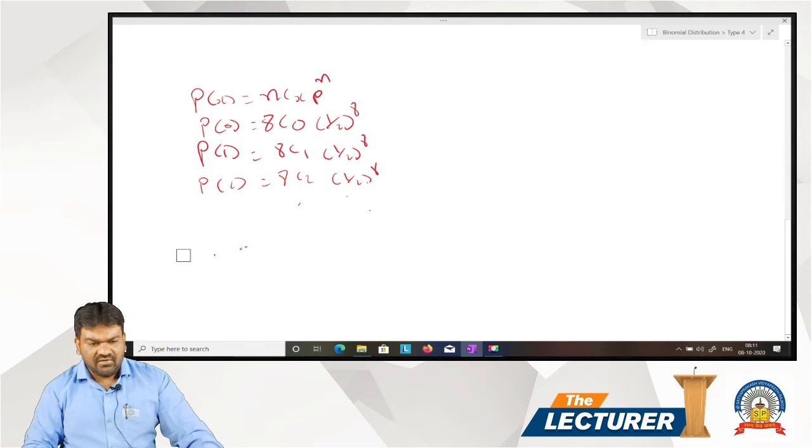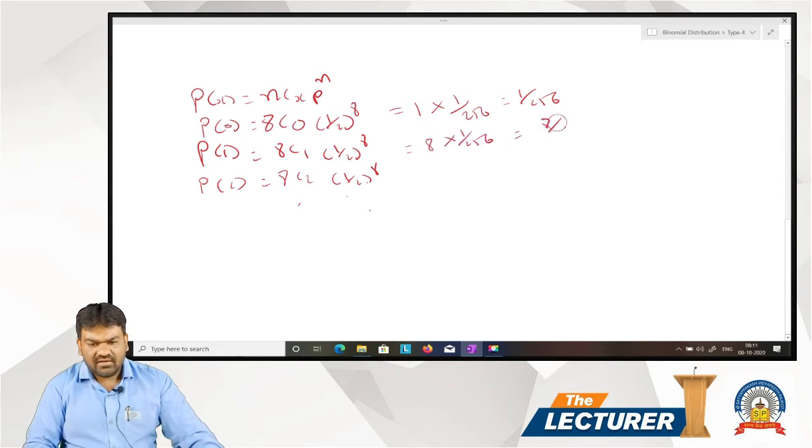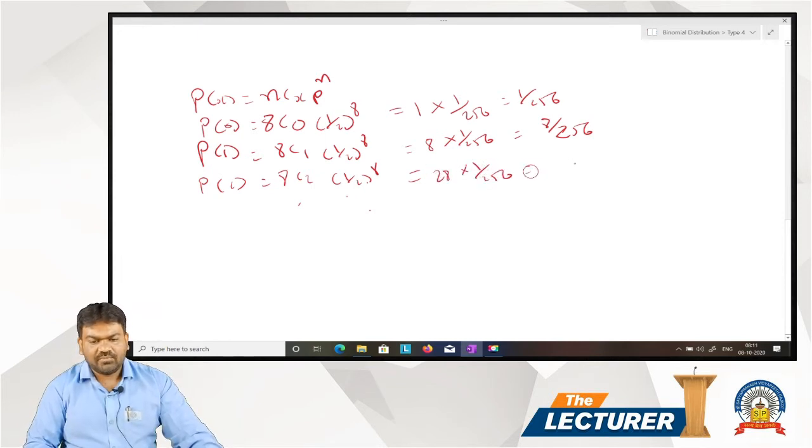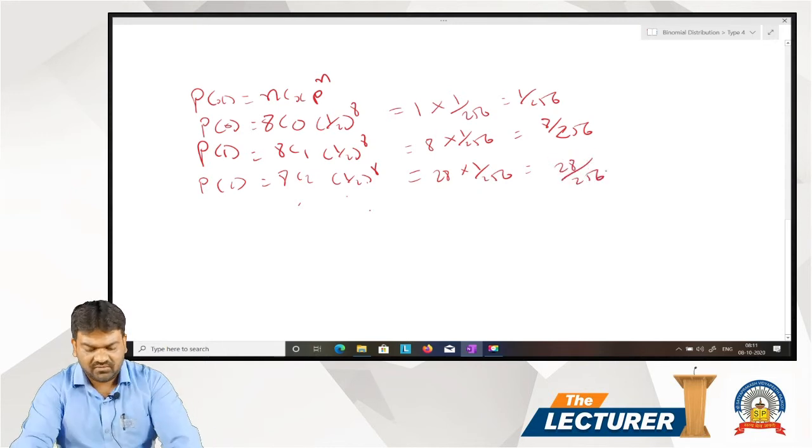So 8C0 is equal to 1 multiplied by 1 by 2 raised to 8, 1 by 256. 8C1, 8, 8 by 256. 8C2, 8 multiplied by 7 by 2, 28, 28 upon 256.